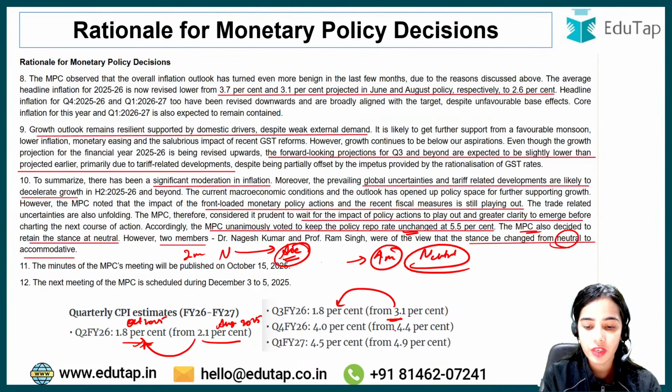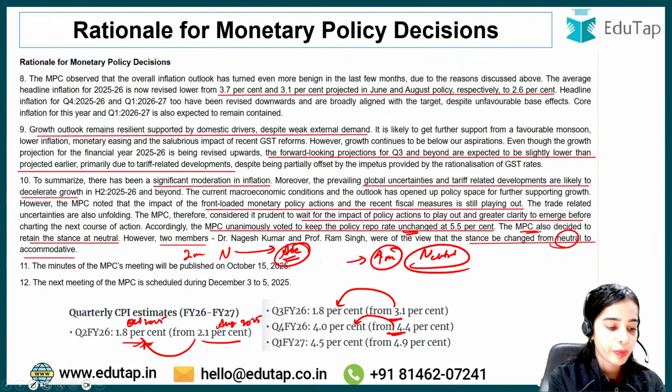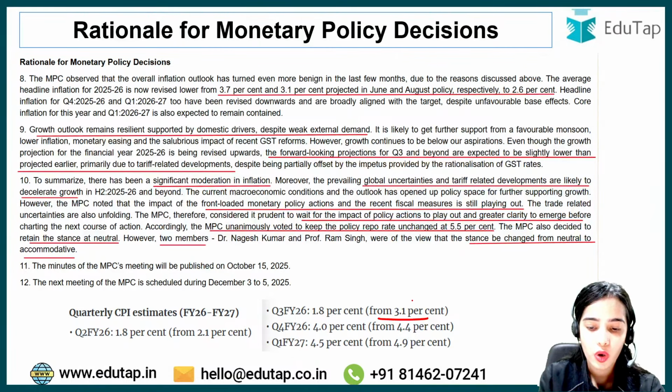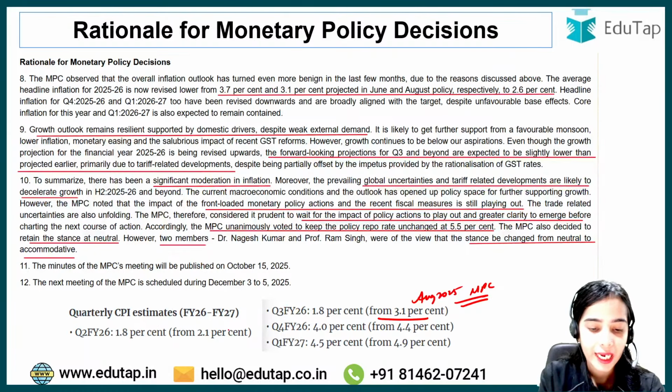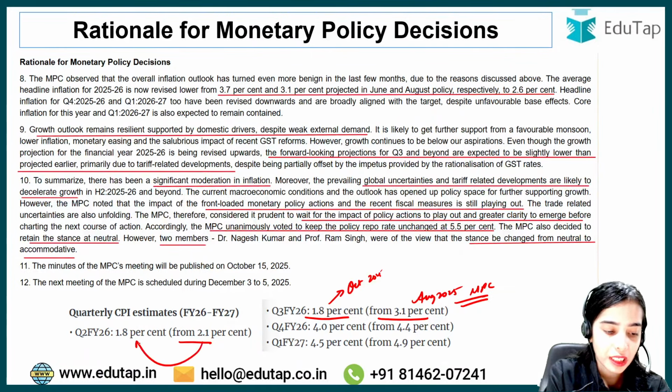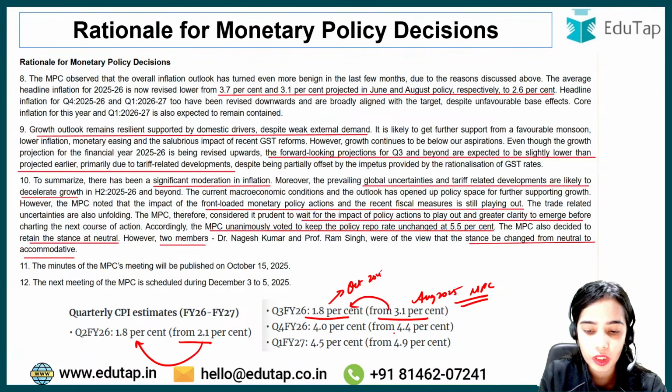The bracket data is from the August 2025 Monetary Policy Committee meeting, and this data is from the October 2025 Monetary Policy Committee meeting. You do not have to remember the data, but remember that the projections for CPI inflation have been decreased for all the quarters.